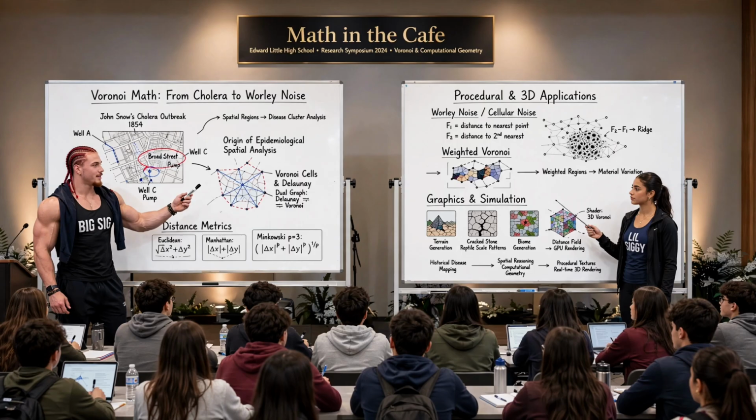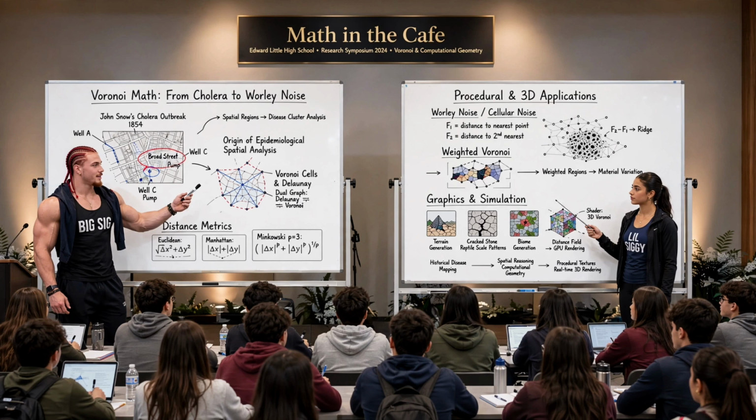Oh, I can guess what happened. The vast, overwhelming majority of the cholera deaths fell perfectly inside that specific spatial boundary he had drawn around the Broad Street pump. Wow. So he used geometry to literally prove that cholera mortality was directly correlated with proximity to a contaminated well. Which fundamentally changed how we understand public health and epidemiology forever.